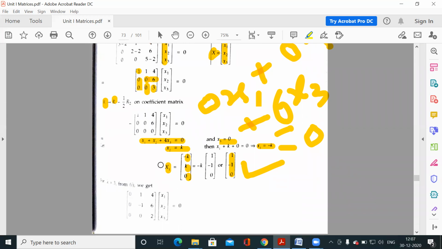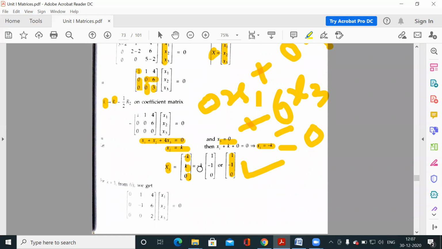And in this case we have set x2 as k. If you set x1 as k, the solution vector would be k, minus k, 0. Again, you can take k as any real number except 0. So there are infinite eigenvectors, so all the students may get different answers for eigenvectors, but they should be in this form.